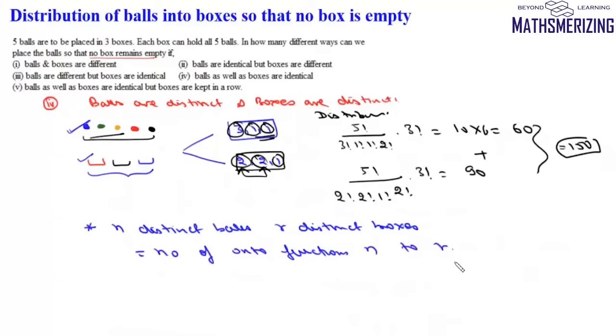We have already done a video on the number of onto functions. So I'll provide the link to that video in the description below for your kind perusal. You can have a look at that video to find out how we have worked out a formula.